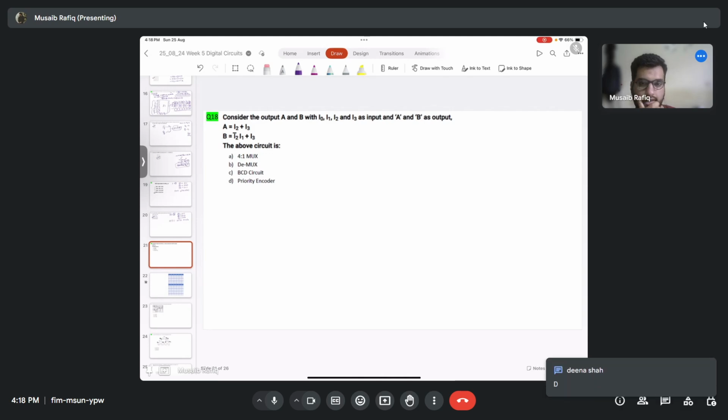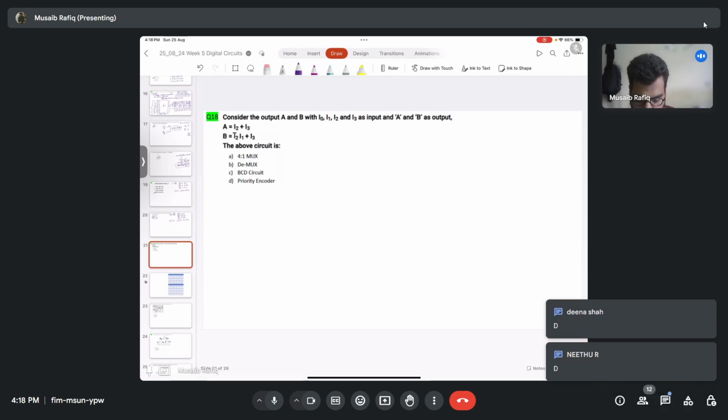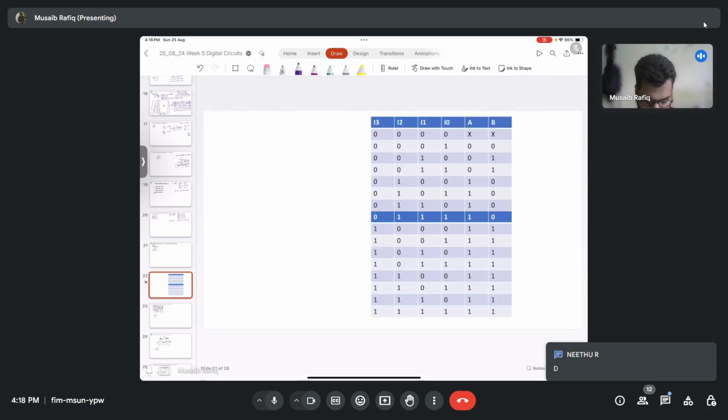What is the correct answer? Yes, thank you. So option D, that is the priority encoder. Let us see the truth table of priority encoder. So right here is the truth table of priority encoder. When I0 is 1 and all other inputs are 0, my output will be 0 0.